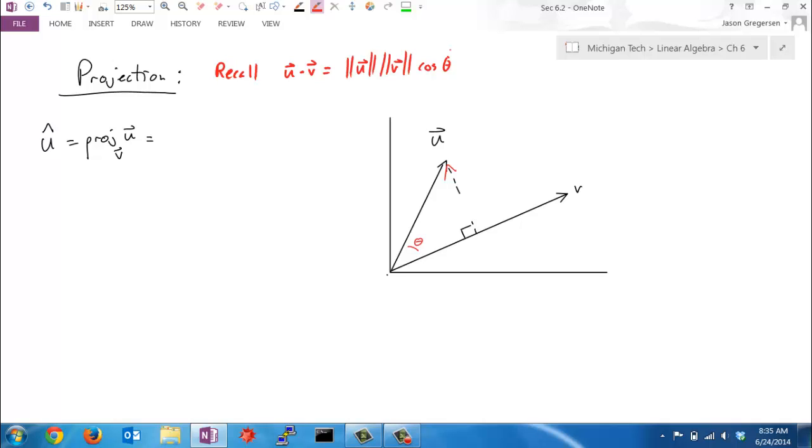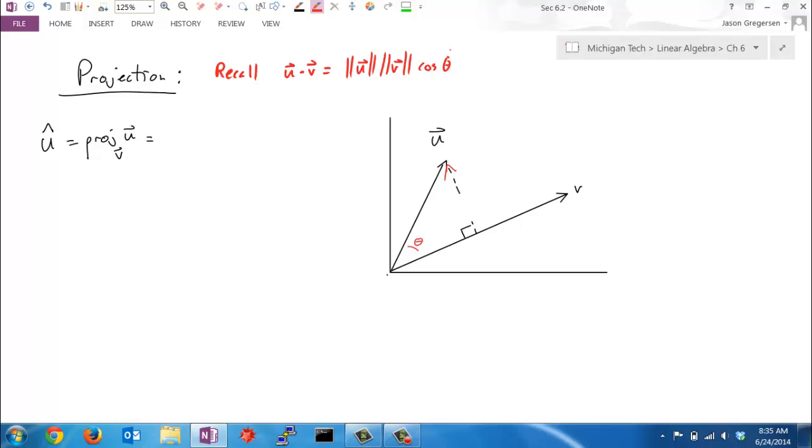Not with a sign, but the smallest value in magnitude that it can possibly be. 0. And when is this the biggest value? When theta is equal to 0, when these things are perfectly aligned. When is it the smallest value in magnitude? When the angle is 90 degrees, it's perpendicular. So in some sense, this is measuring how well these two things are aligned. Okay, so that's a side note.